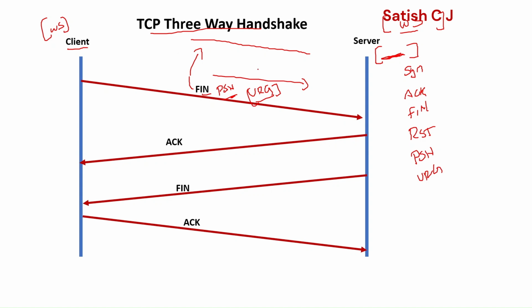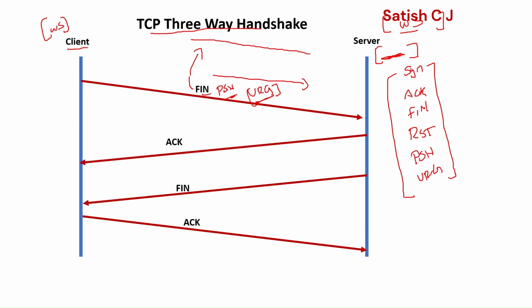I'm just giving an example here. So when the urgent flag is set to 1, it means the data has higher priority than what was received. So these are the flags: push flag, urgent flag, reset flag, finish flag, acknowledgement flag, and SYN flag. These flags take part in a TCP handshake and TCP communication.